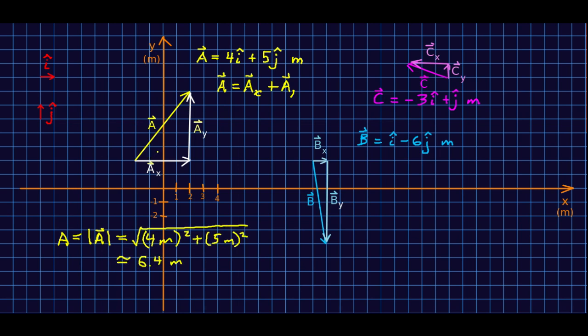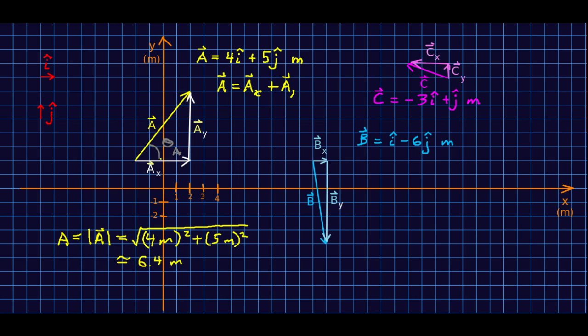Now, the other thing we need is an indication of direction, and the easiest thing is just to get this angle here, because we usually state the direction of a vector in terms of its angle from the x-axis. So I'm going to call this theta a, the angle for the vector a.